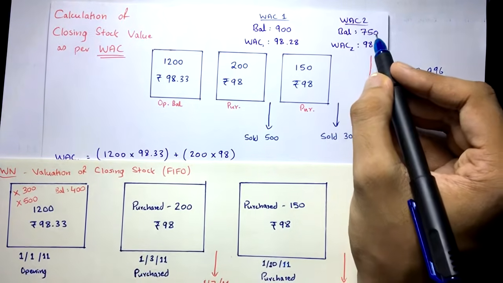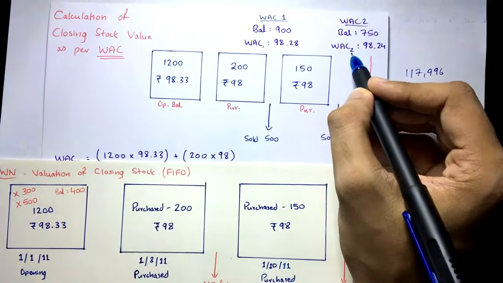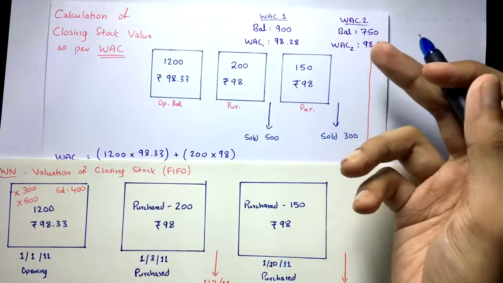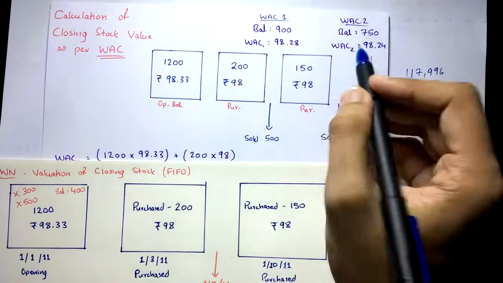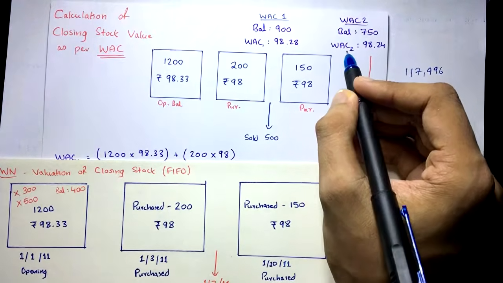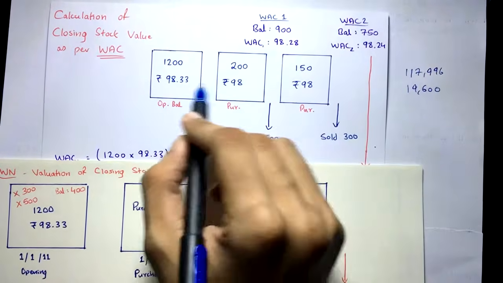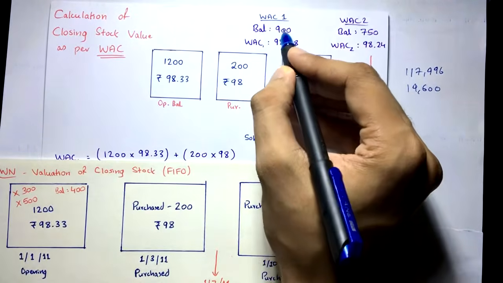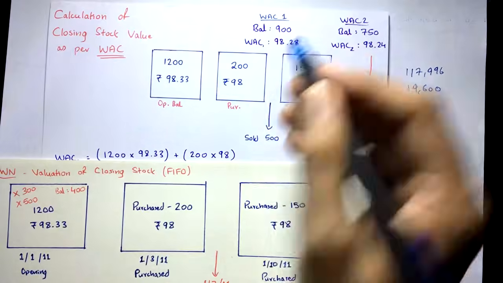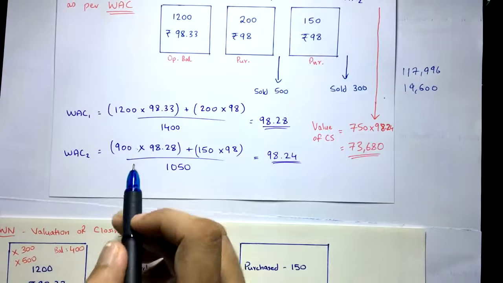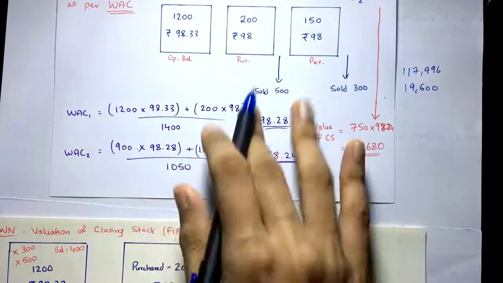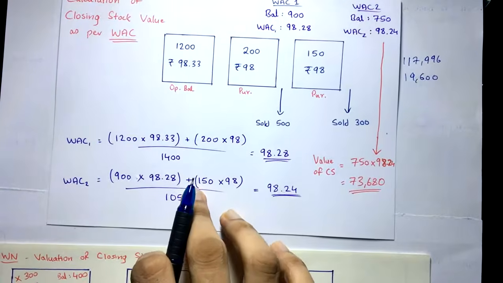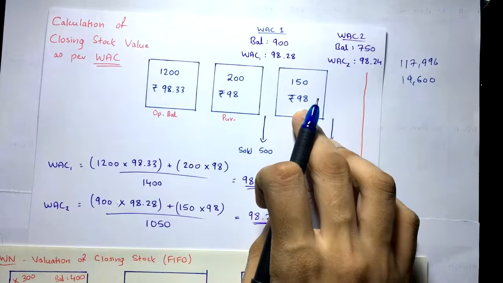Then you have to calculate the WAC 2. Whenever you sell, you have to see the balance and calculate WAC. To calculate WAC 2, you are not going to take these two lots, because you have already done the WAC of these. So you directly take 900 into 98.28 plus 150 into 98.